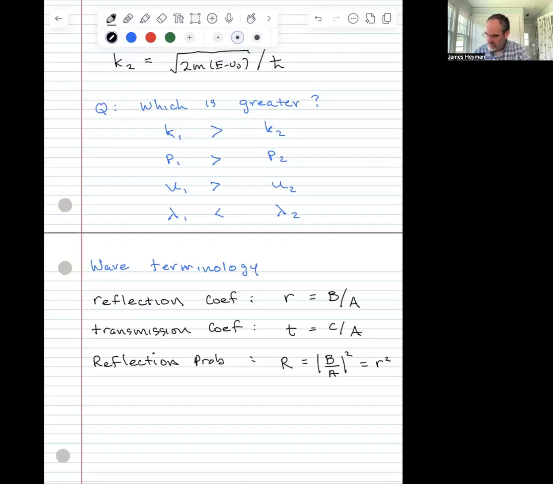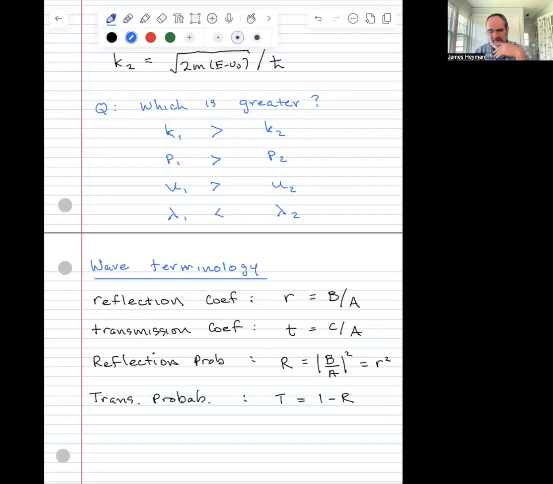That is, it's the ratio of the probability density for the reflected wave divided by the probability density for the incident wave. And then the transmission probability, I'll call it capital T, is 1 minus R. Because the particle will either be reflected or transmitted. We'll see where this terminology comes in a few minutes, but I just wanted to mention it here.